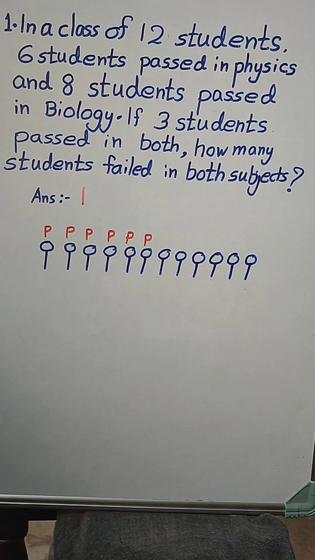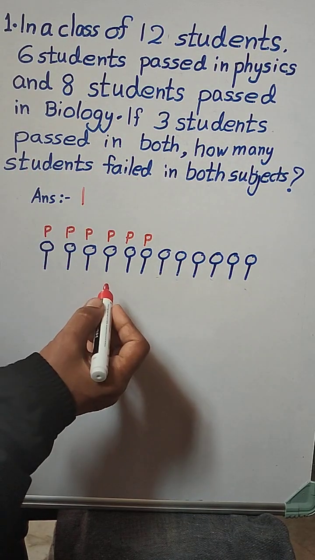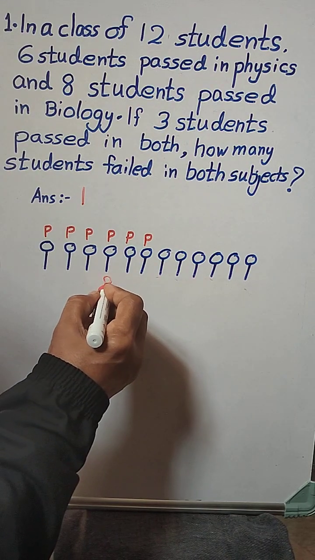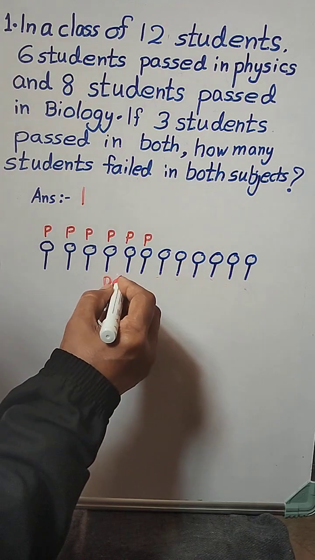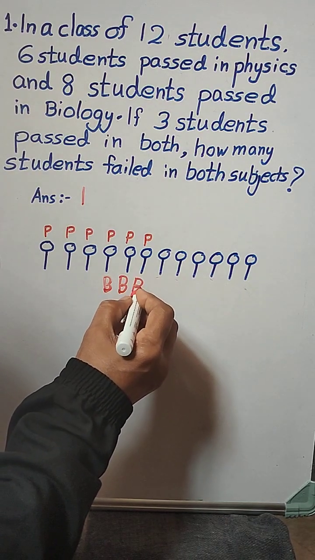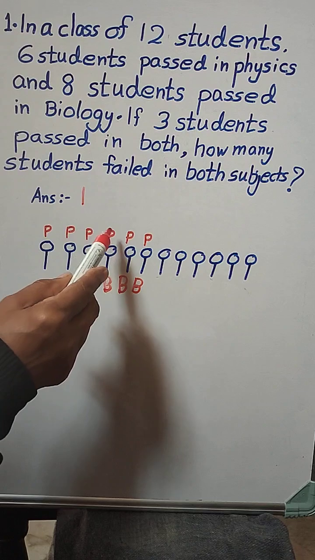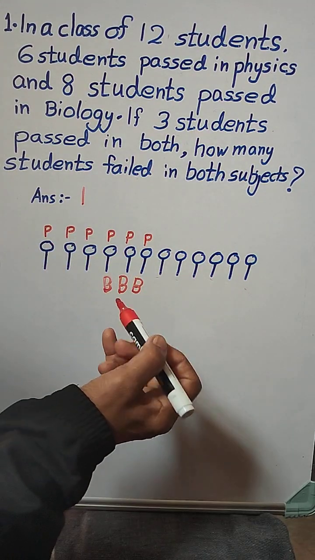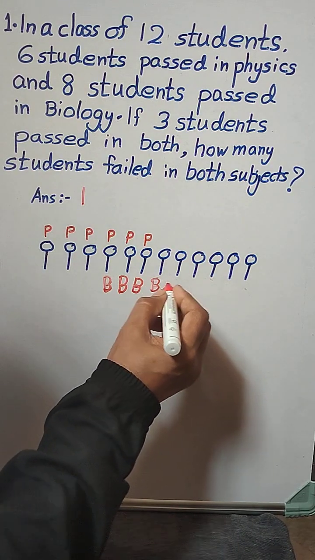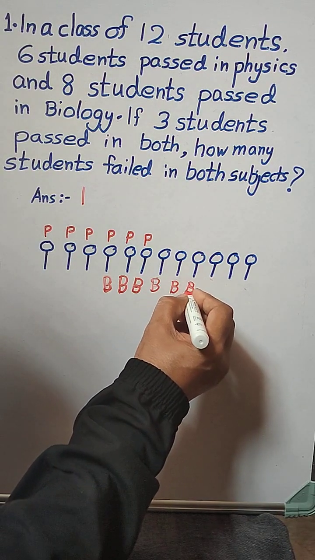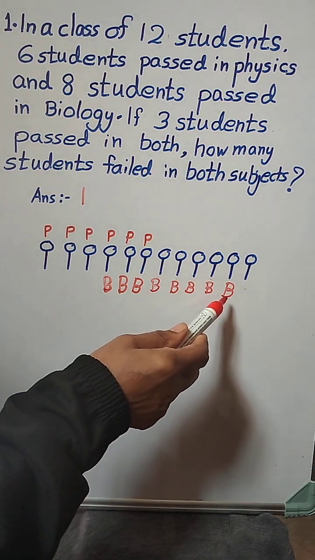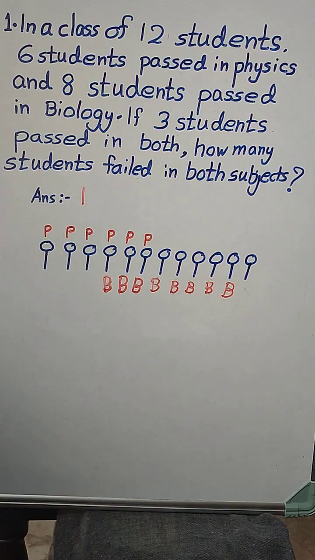If 3 students passed in both the subjects, so 3 students, let us start from here representing B. So these 3 students passed in both the subjects, and 3 here, 5 more for B. So total 8 students passed in biology.